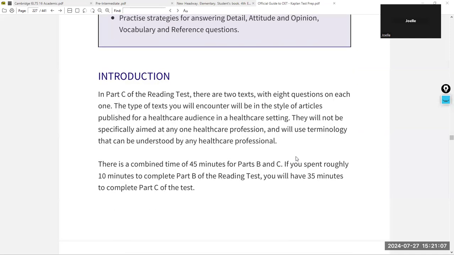Okay. Now, in part C of the reading test, there are two texts. Absolutely, the texts are going to be the longest, with 8 questions on each one. The type of texts, absolutely, we will encounter, it's about healthcare, workplace, and everything concerning medicine and medical, as I told you, workplace.